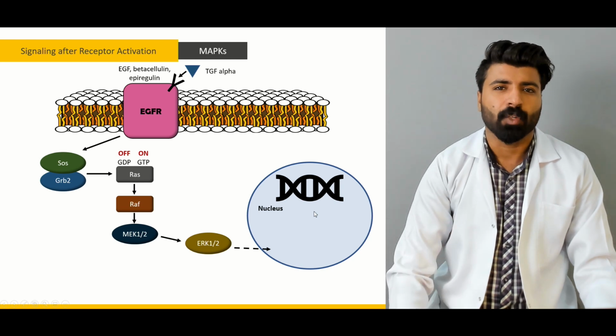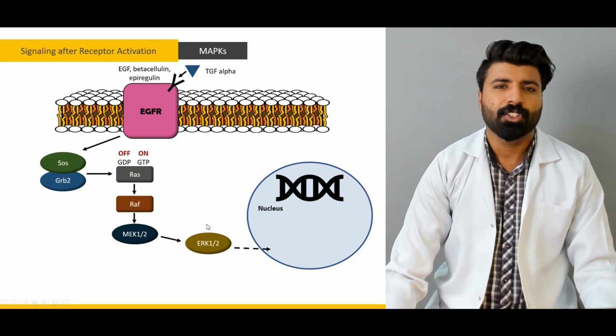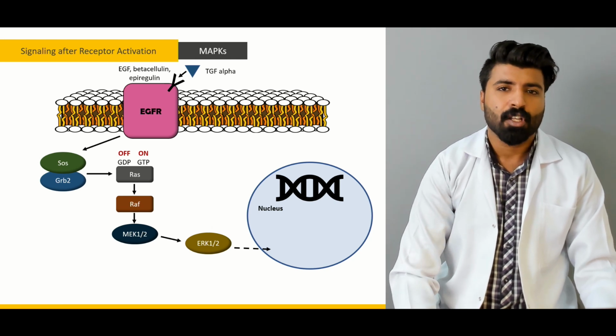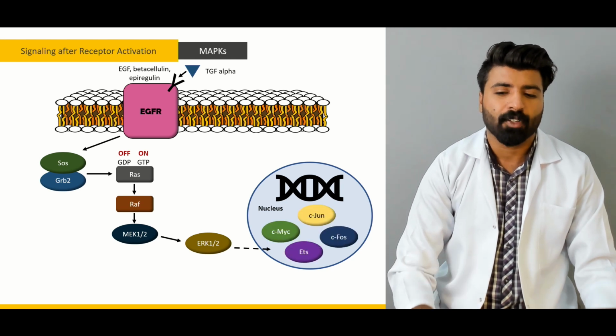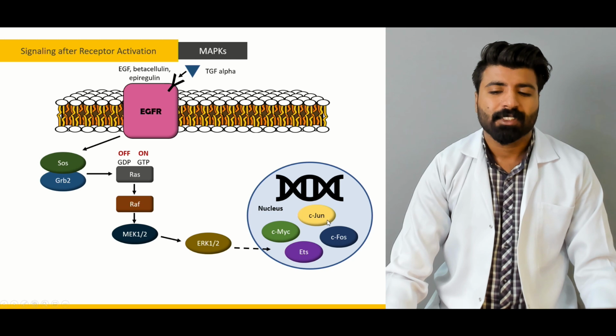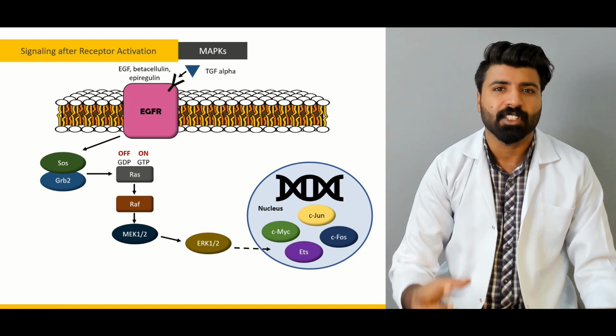Once this message has made its way up to the level of the nucleus, what does it do? In the nucleus, it has 4 other things to attach to or to affect. They include CJUN, CMYC, ETS, and CFOS. Now, these are not abbreviations, these are genes.